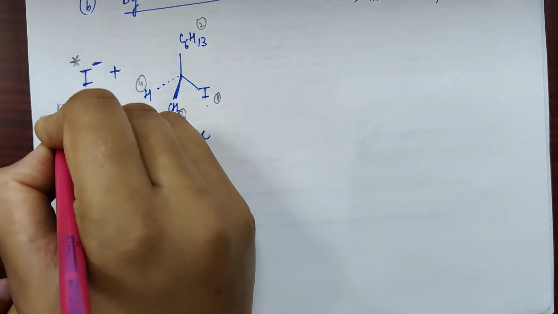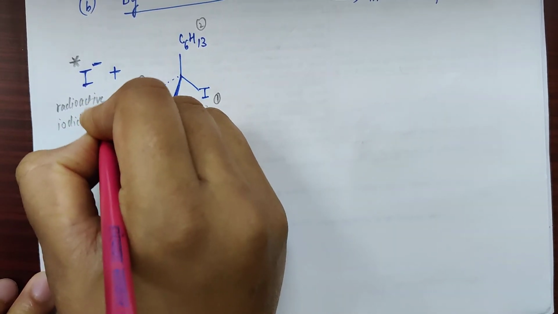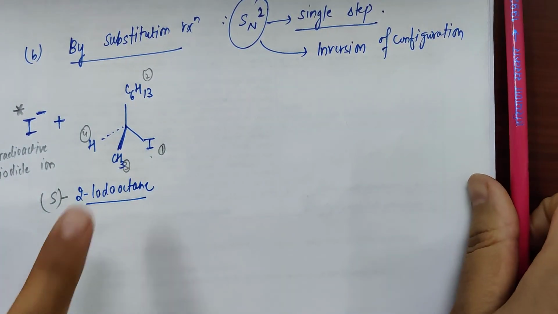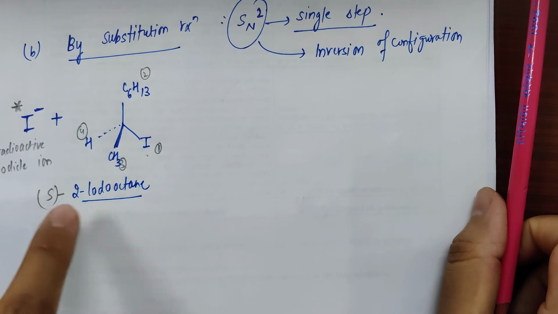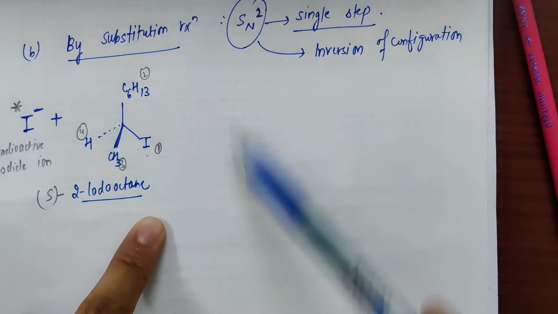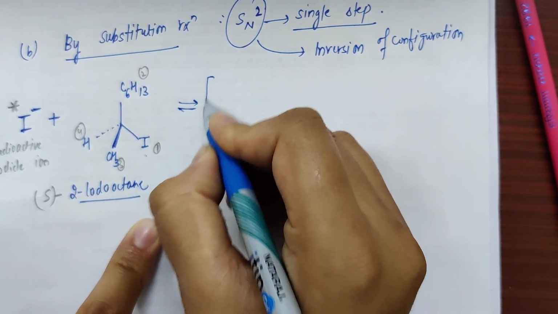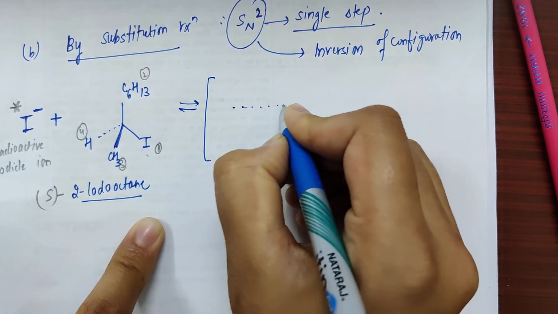Okay, so this radioactive iodide ion, I'll write it here, radioactive iodide ion. This will form an intermediate with our S-2-iodooctane. Let's see what kind of intermediate it is forming.